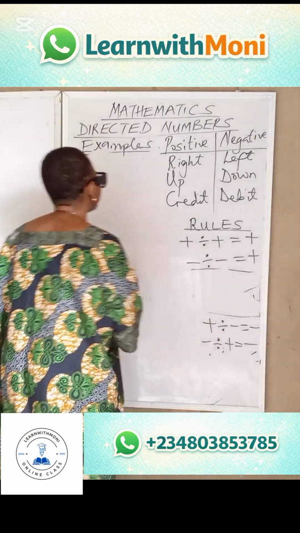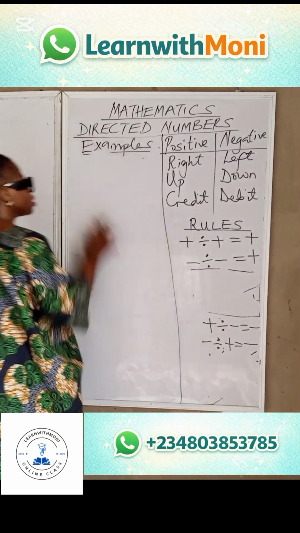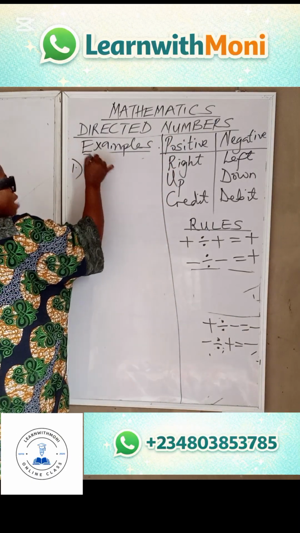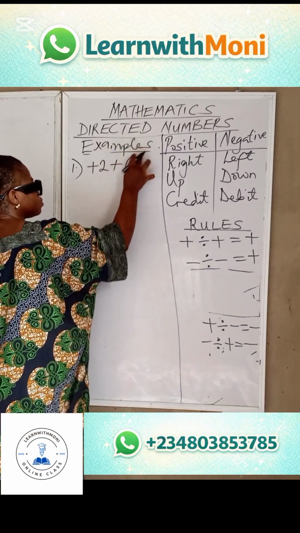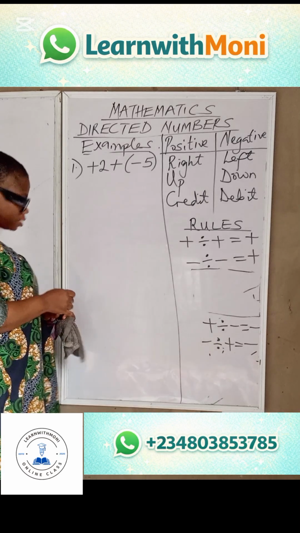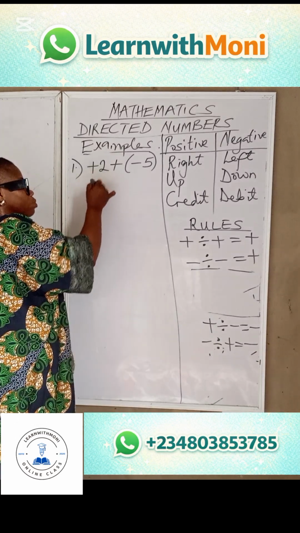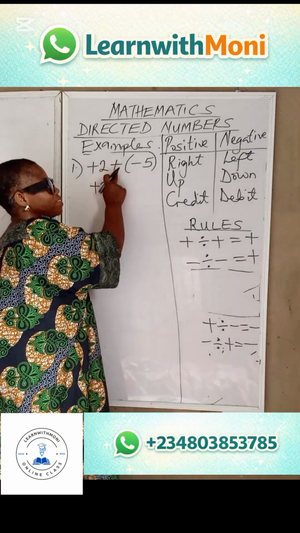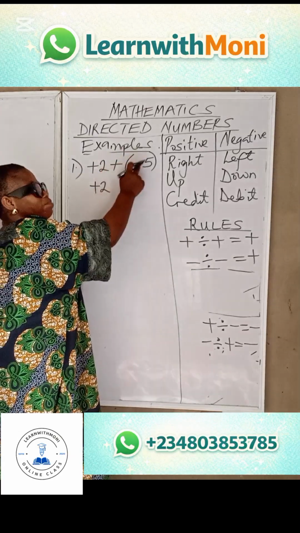Let us see this as real numerical examples. Look at this case. I have plus 2 plus minus 5. Look at the situation I have here. This is plus 2. What I have here is positive times negative, plus times minus.